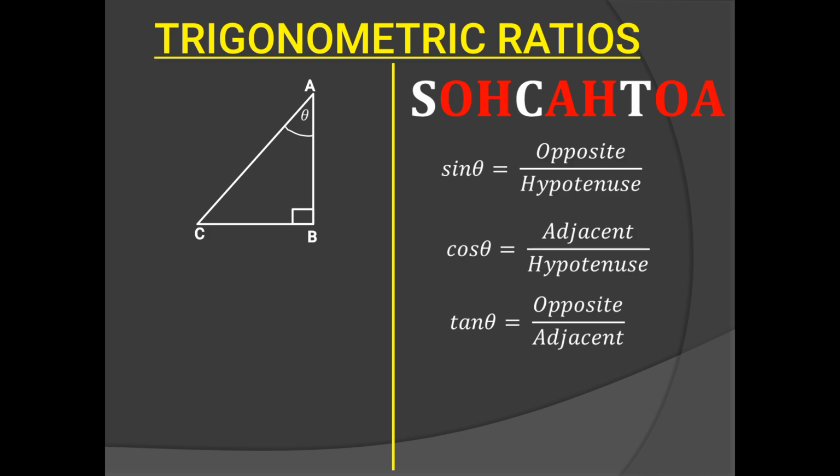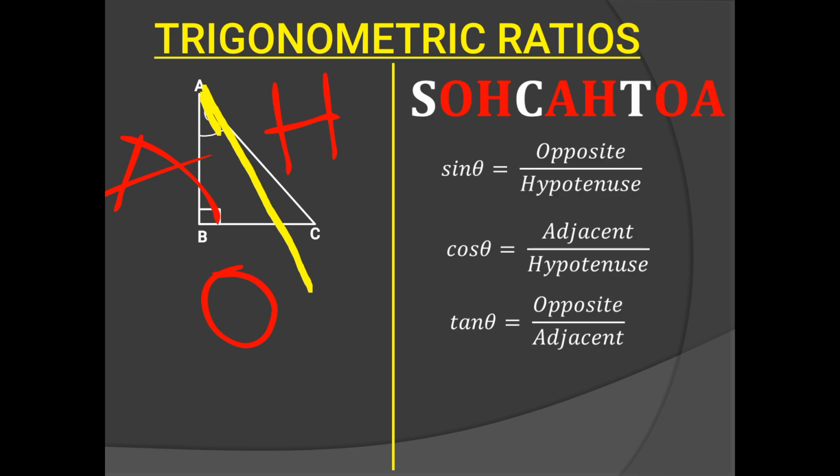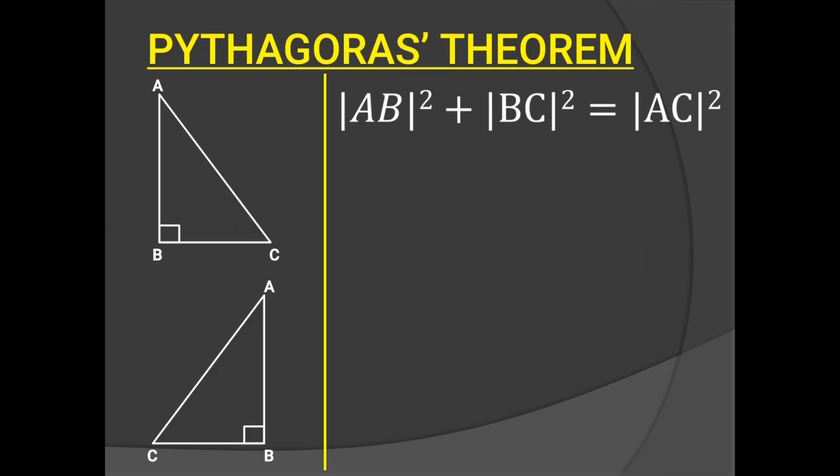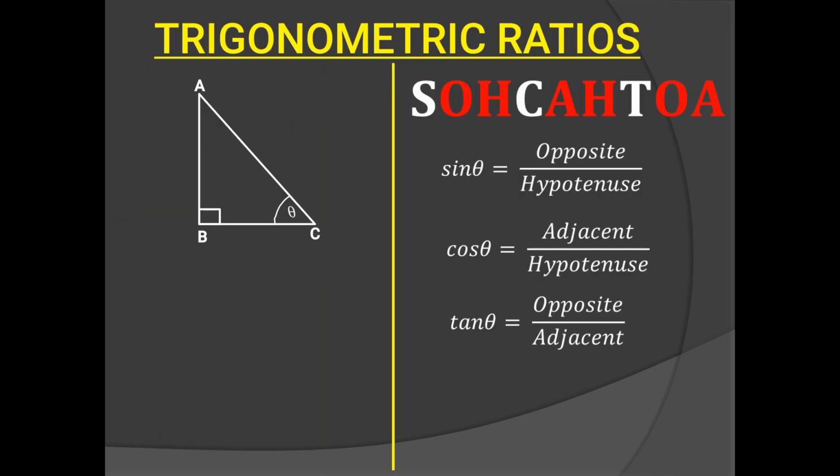Opposite over adjacent. So imagine, let me go to my first diagram. Imagine we have this, and let's say the angle for our theta is 20 degrees. So in place of theta, you have 20 degrees, where you see theta in the trig ratios.